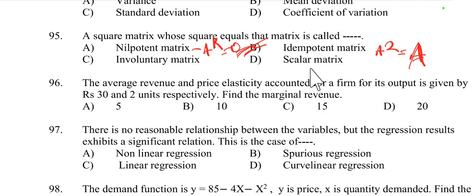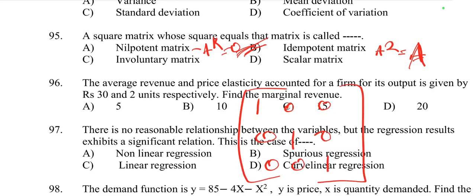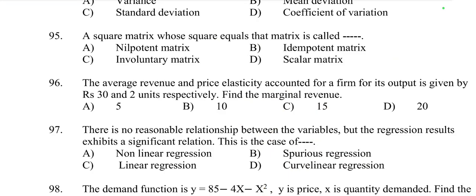Then a scalar matrix is a diagonal matrix where all the diagonal elements are the same scalar value, like 1 0 0, 0 1 0, 0 0 1. So here the right option is option D.